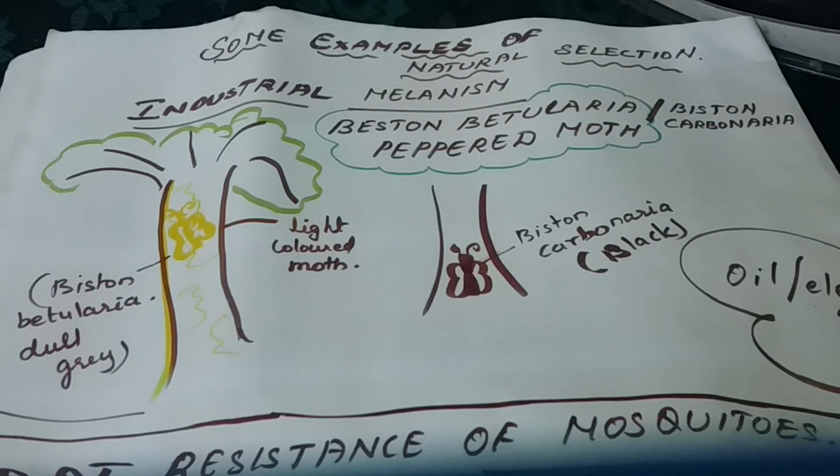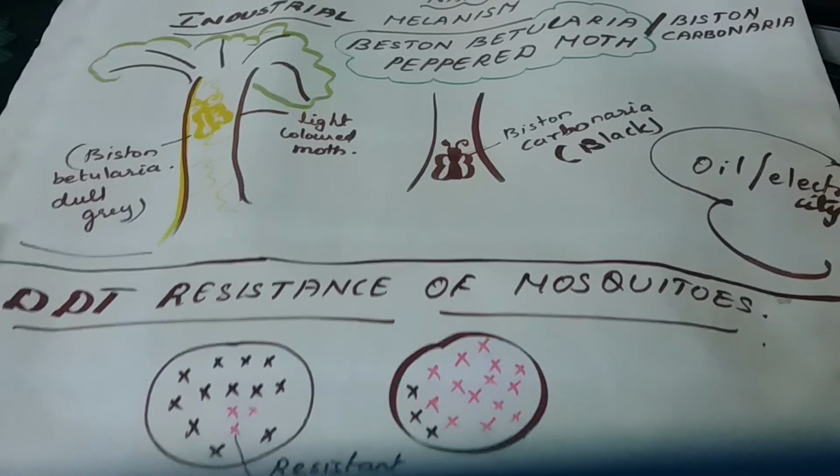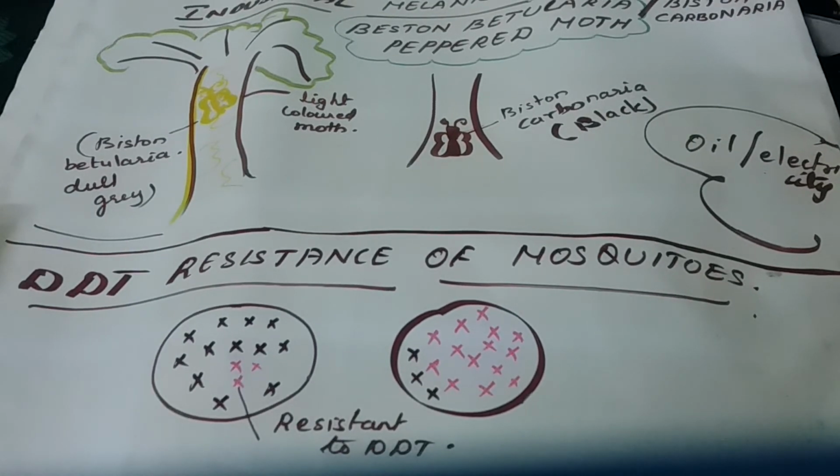The next example is DDT resistance. DDT resistance in mosquitoes. Actually, this one we discussed already. Before DDT was found out, some of the insects, for example mosquitoes, had resistance to DDT.